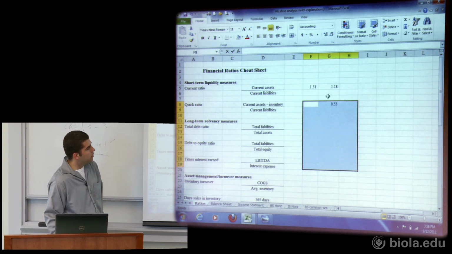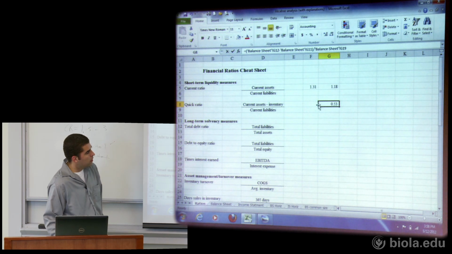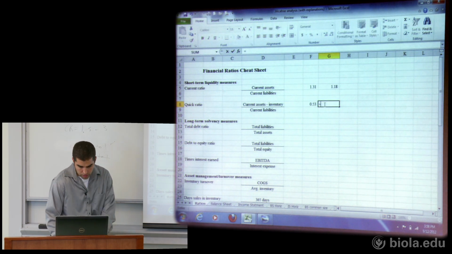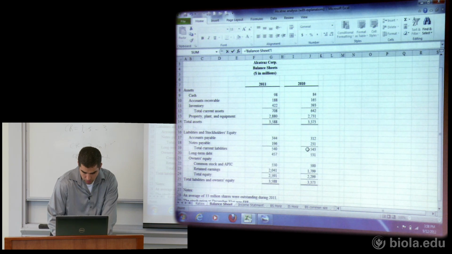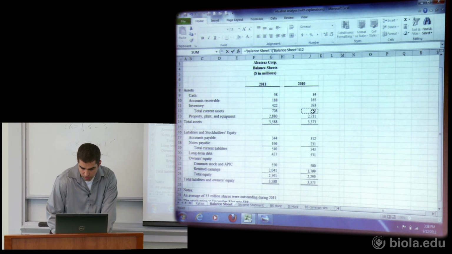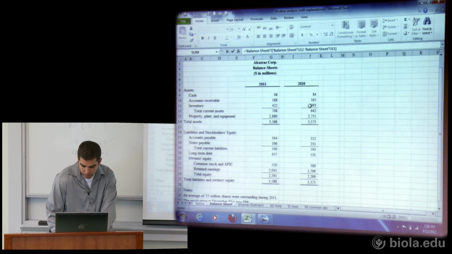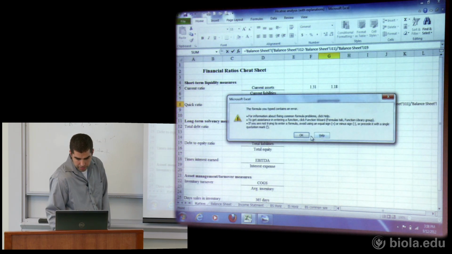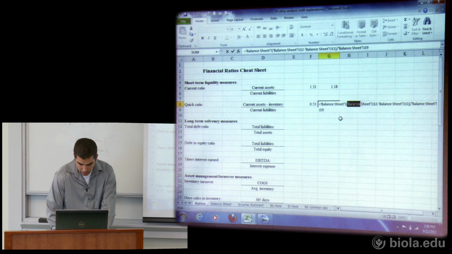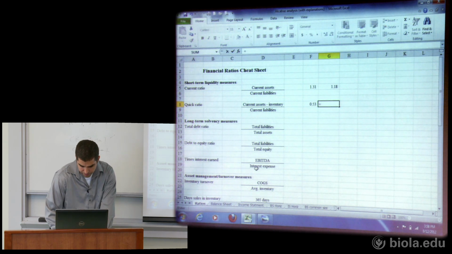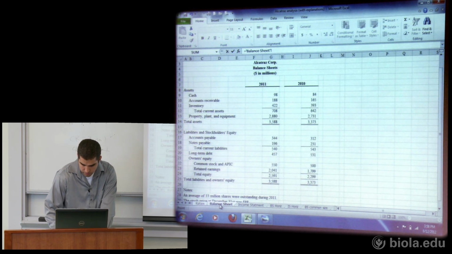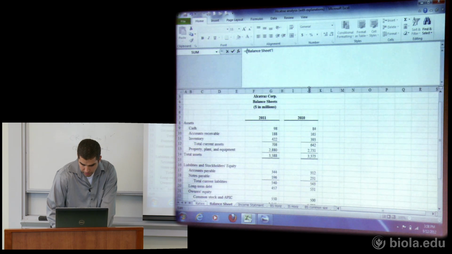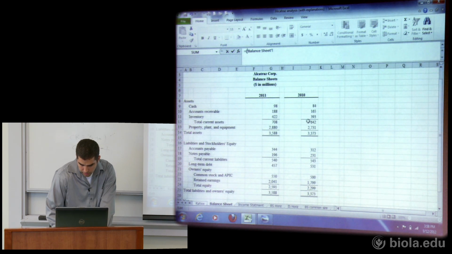0.53, okay? We did the same thing for the year 2010, and we got 0.46. So for 2010, you would take the 642 minus the 393, divided by the 543. Oh, got a formula error there somewhere. Let's try it again real quick.